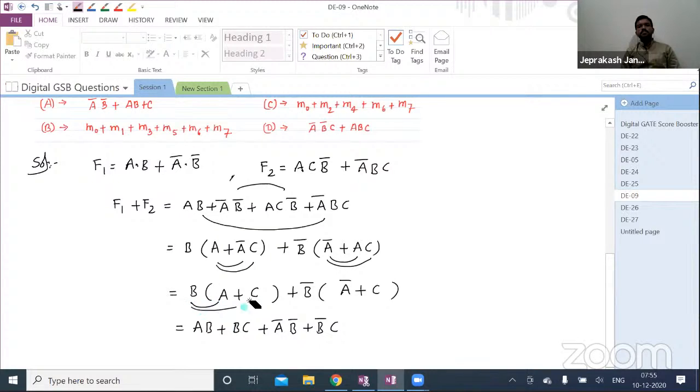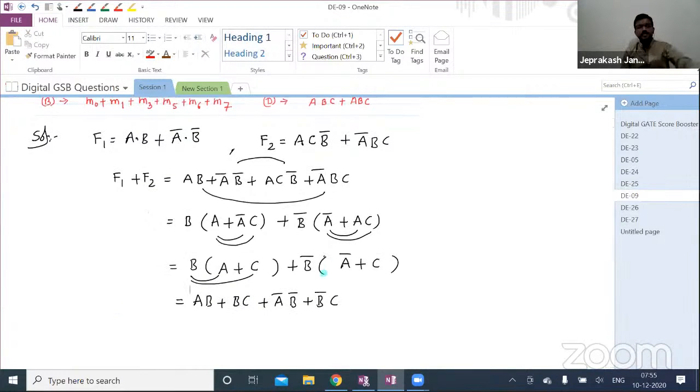B into A, that is AB, plus B into C is BC. B bar into A bar, that is A bar B bar. B bar into C is B bar C.